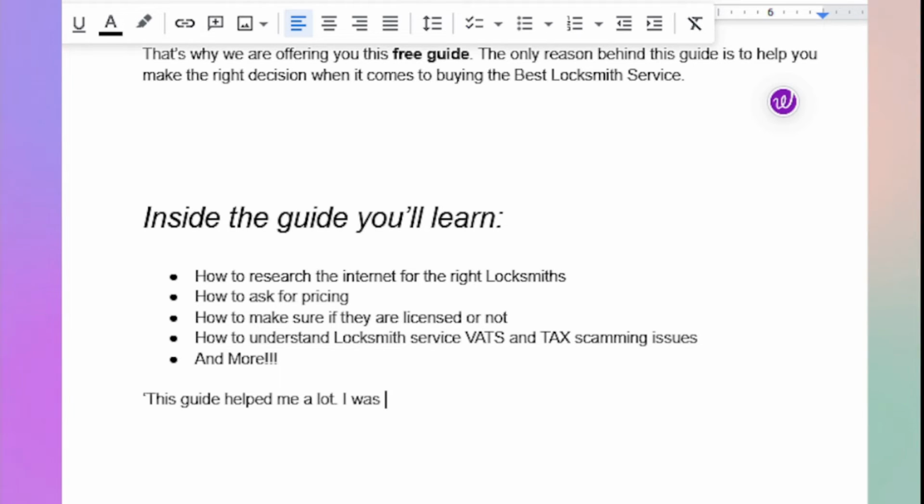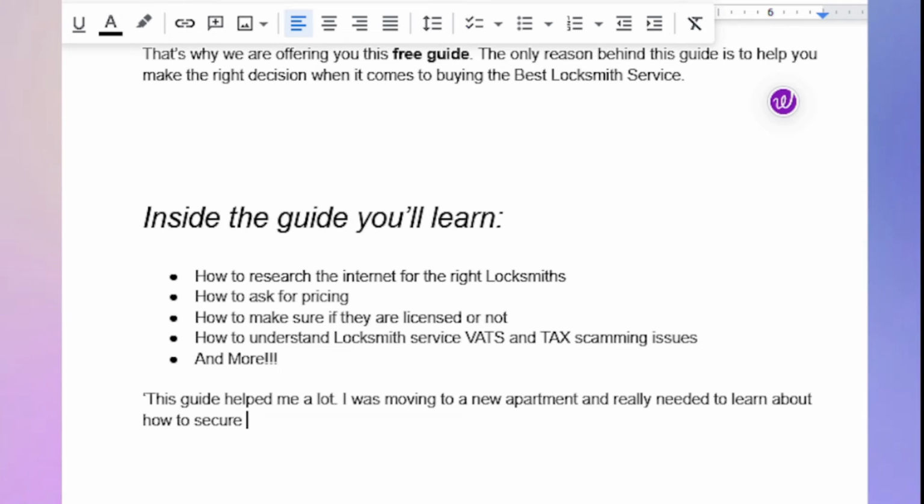I was moving to a new apartment and really needed to learn about how to secure our home with smart locks and how to find the right locksmith for this.